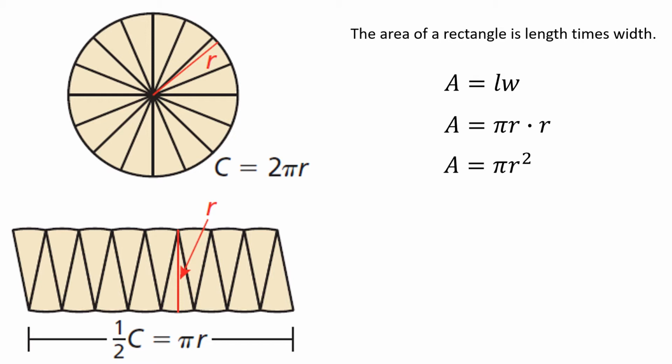If you're thinking that looks pretty similar to the circumference, it's just that the 2 is out in front instead of an exponent when you're looking at the circumference versus the area. Come back in calculus and you'll find out why that is happening. But for the time being, you just got to kind of take our word that the circumference is 2 times pi times the radius, and that the area has to be pi times the radius squared.